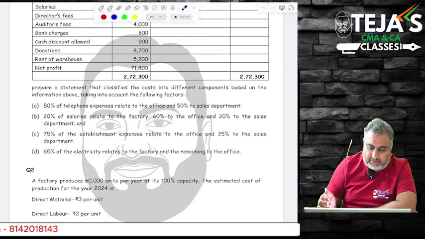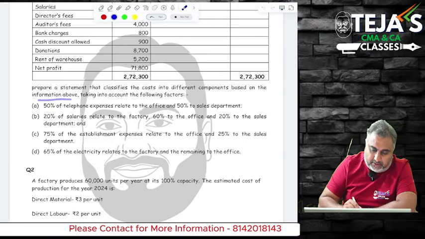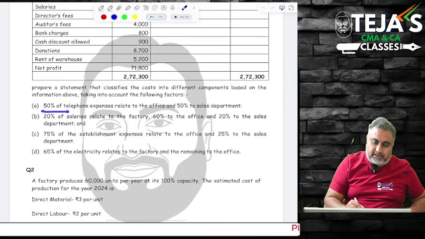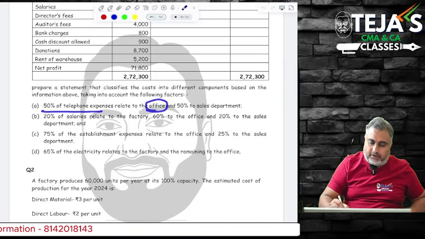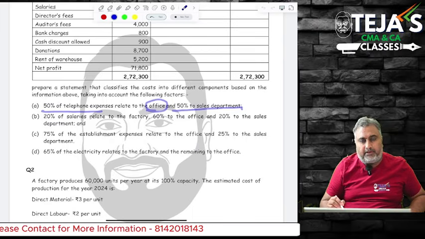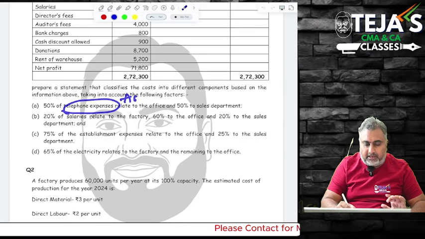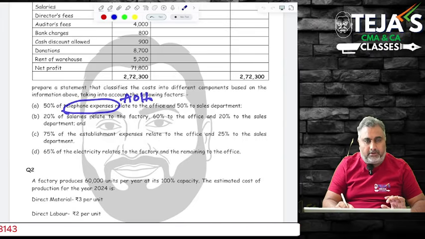Prepare a statement that classifies the cost into different components based on the information above, taking into account the following factors. 50% of telephone expenses related to office, 50% to sales department. If they don't provide this, telephone expenses will be covered under administrative overheads.